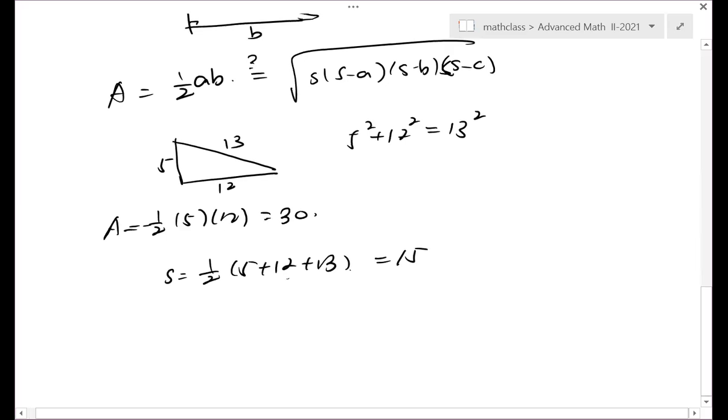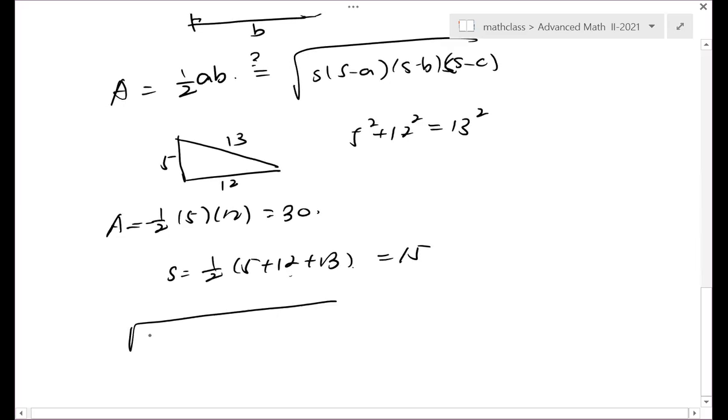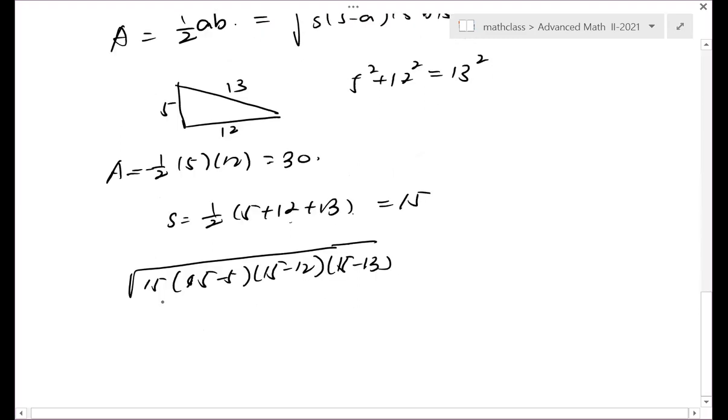So S is 15. The square root of 15 times 15 minus 5, 15 minus 12, 15 minus 13. Let's see if we can get 30.